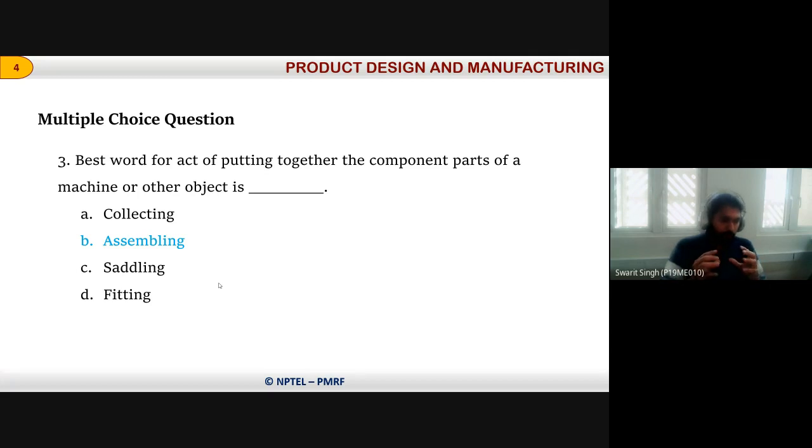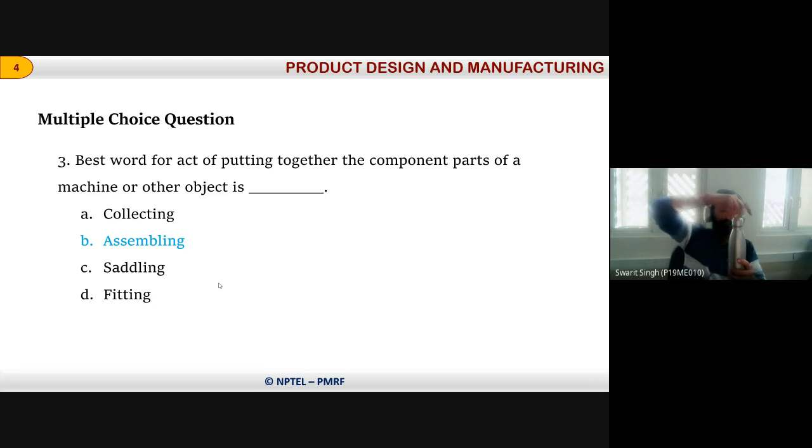Suppose we have to make a bottle like this. For this bottle, we typically have two parts. The first part is this cap, and the second part is this container. We design the container as a part, and the cap as another part, and then in the assembly process, we take the two parts together and assemble them as per the requirement.